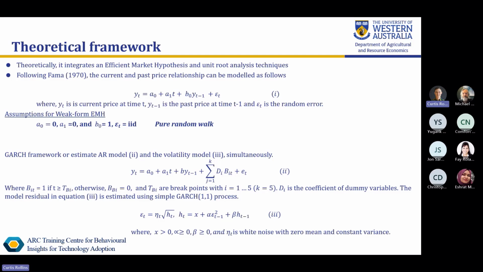The assumption of weak form efficiency is that the drift coefficient should be 0, the coefficient of trend should be 0, but the coefficient of the past price should not be significantly different from 1, and the error term should have no serial correlation, or it should be independent and identically distributed. This is the pure random walk assumption for the efficient market hypothesis.